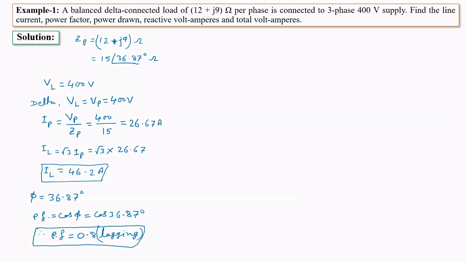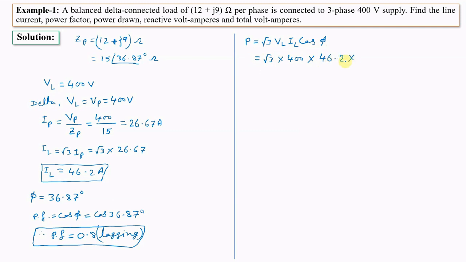Next is the active power. We know that the active power can be calculated as root 3 VL IL cos phi, or we can use 3 V phase I phase cos phi also. We can use any of the formulas. So here it will be root 3 into line voltage 400 into line current 46.2 into power factor 0.8.